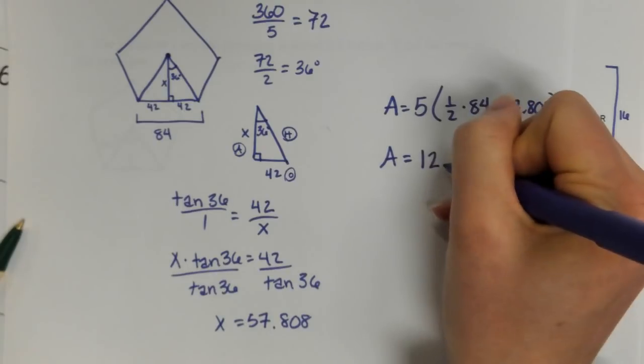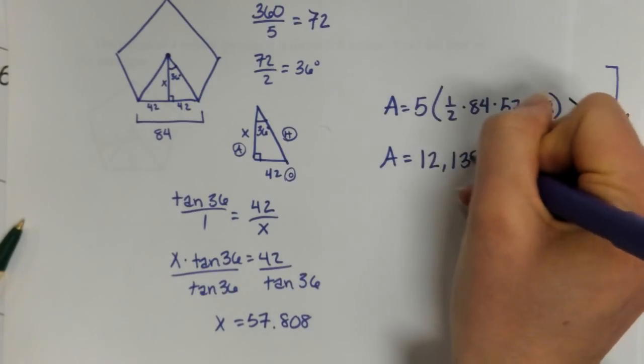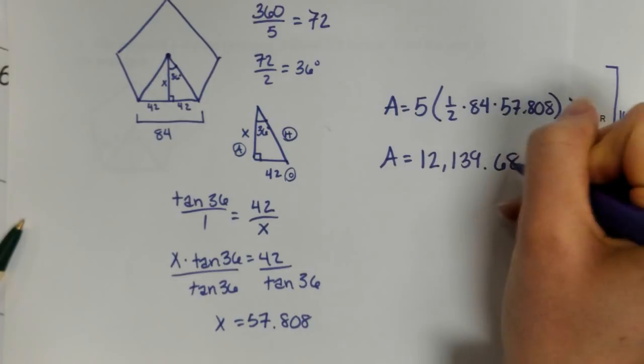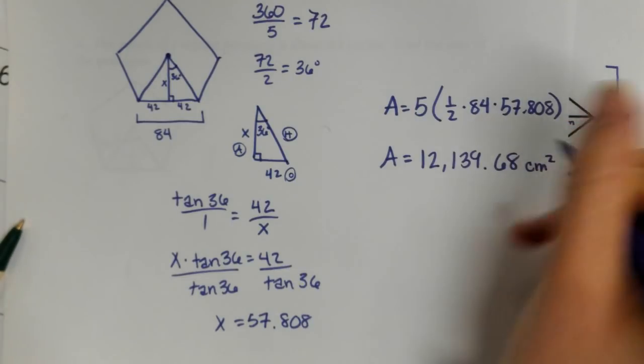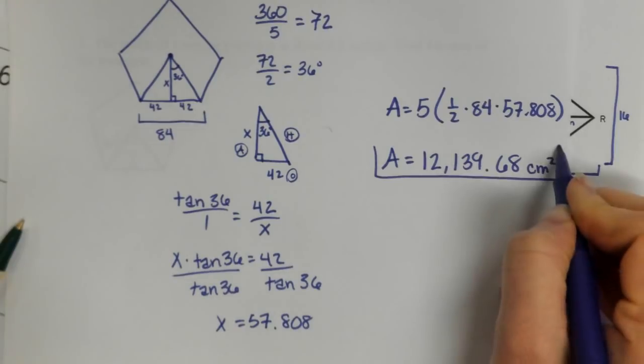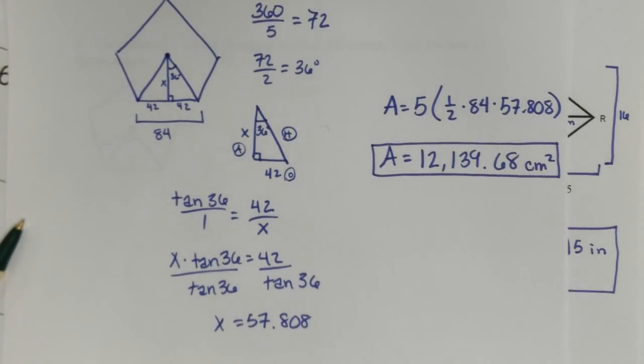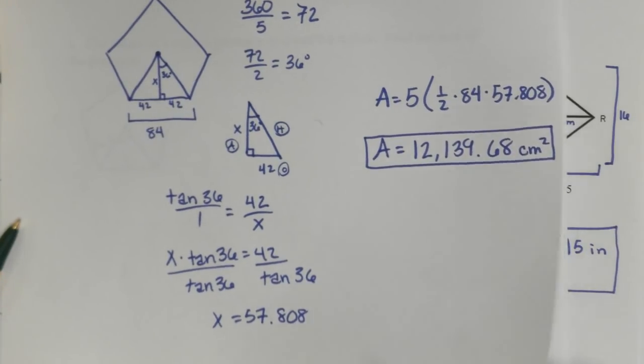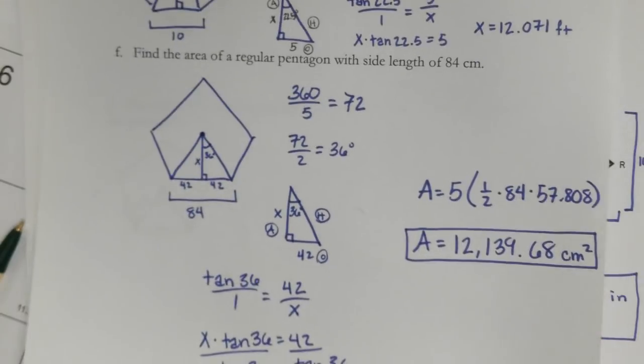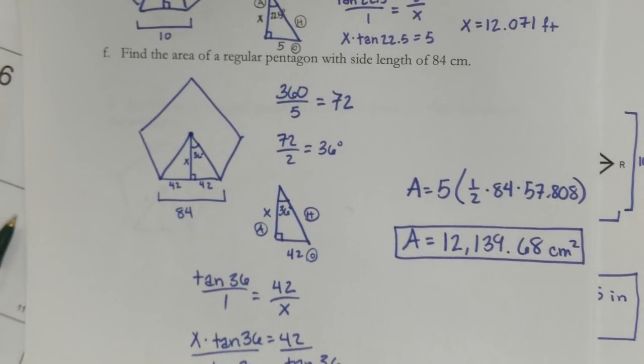I get 12,139.68, and it is centimeters squared. That is the area of your pentagon. Remember, you can always rewind and play it again. That is your note.